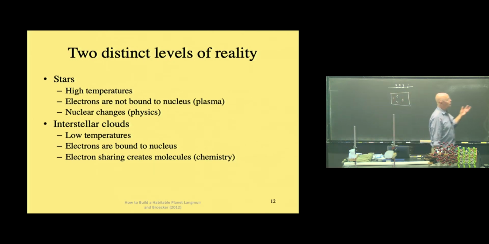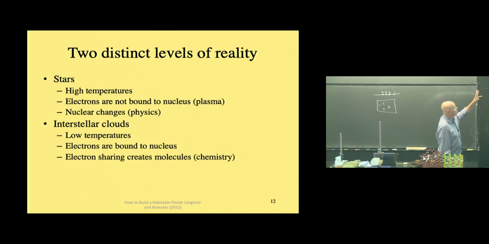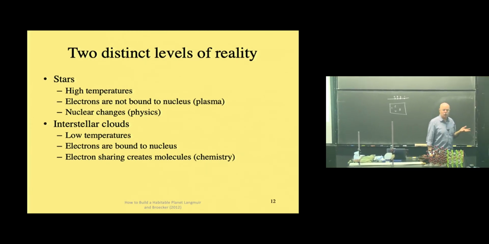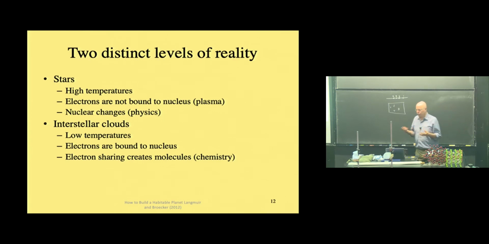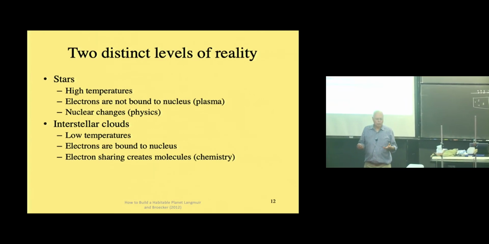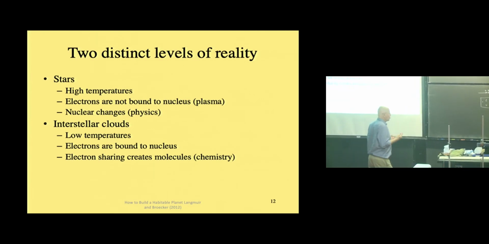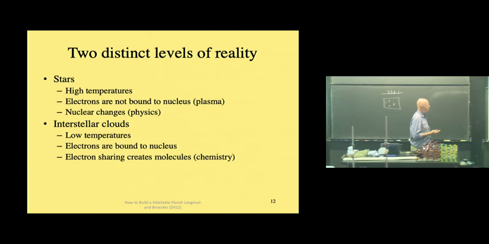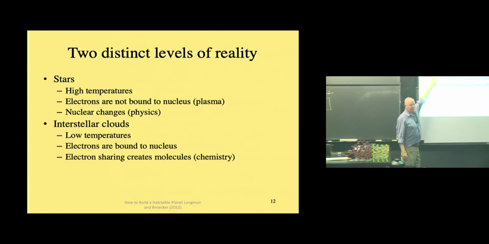Stars are one level of reality where you have temperatures of millions of degrees, electrons are not bound to nuclei, and one element is transformed into another element all the time. It's normal, everyday stuff. When you go down to planets, you have lower temperatures of thousands of degrees, electrons are bound to the nucleus, and all the interactions take place between electron clouds, not between nuclei.